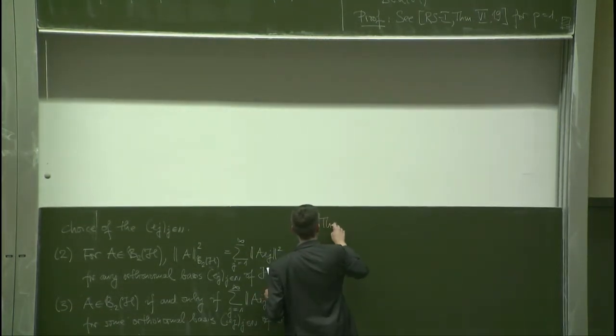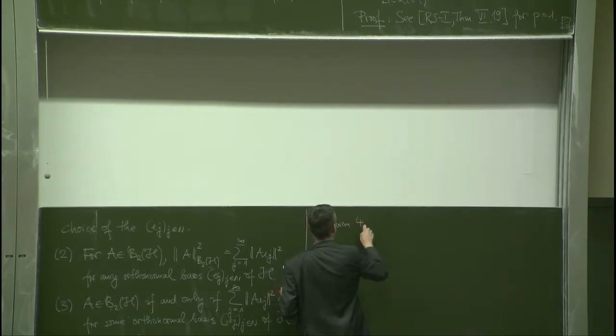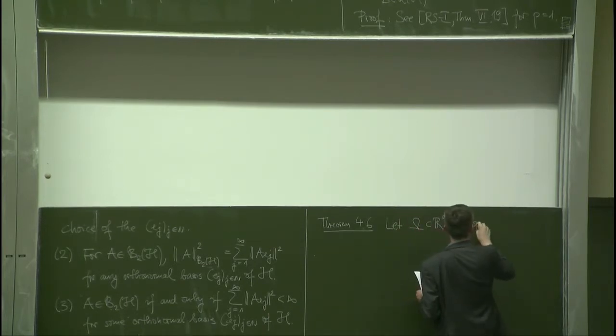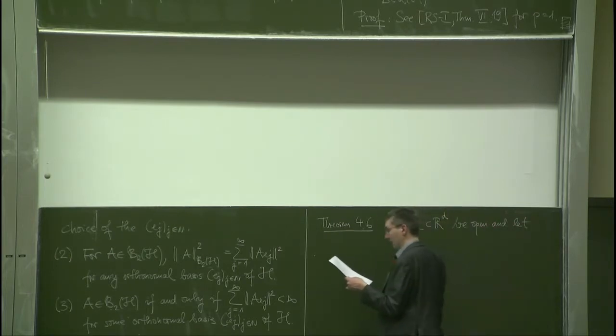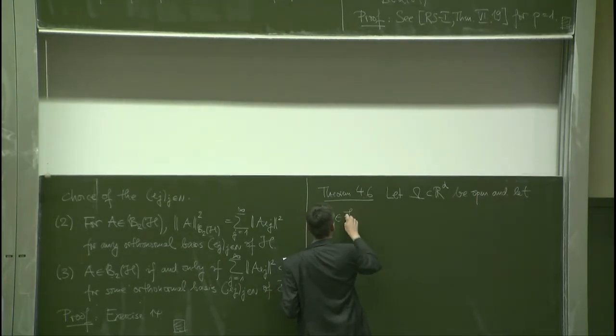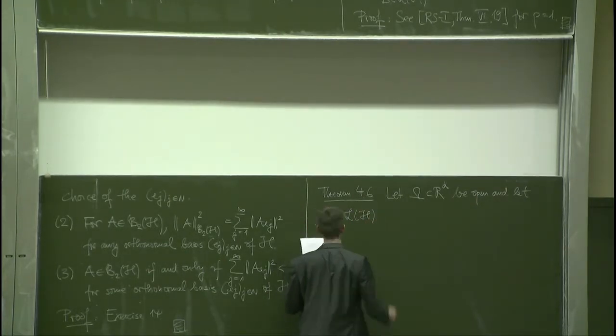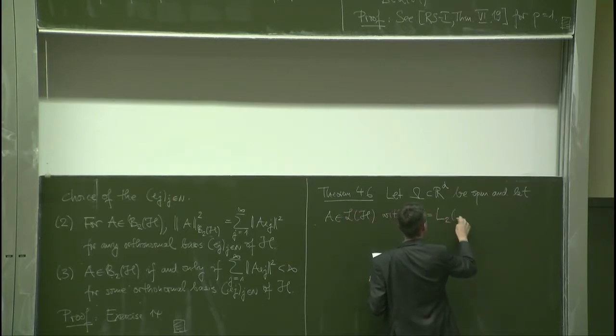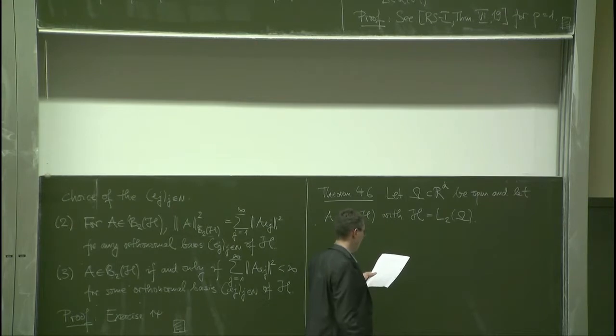Theorem 4.6. Here I consider an open subset of R^d, so let Omega in R^d be open. I consider a bounded linear operator A in L(H), where the Hilbert space H simply is the L2 space of Omega.